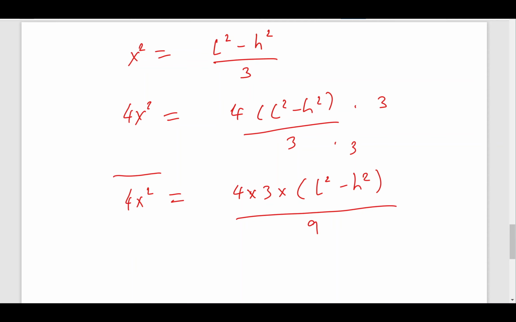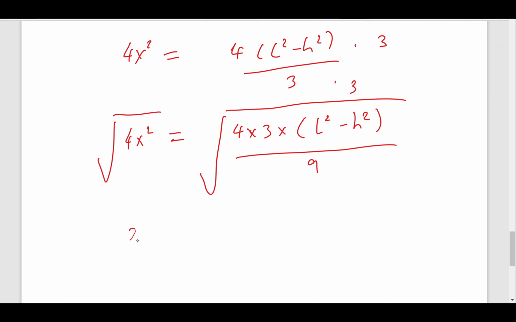And now we are going to introduce the square root. So 2x, dear students, will be 2 over 3 square root of 3 in the bracket l square minus h square.